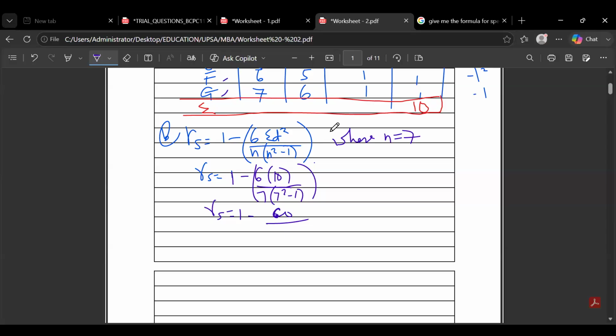The bottom will give us 7 squared minus 1, so 48 times 7. 7 times 48, what does it give us? 336.